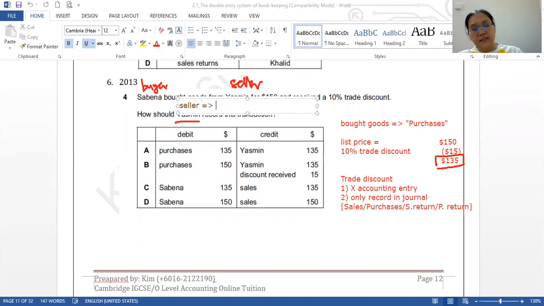Seller is related to sales, so it must be the sales account. Same thing, trade discount, no accounting entry. So the rest are all the same. In this case, the answer will be debit Sabina, credit sales. So your answer should be C.